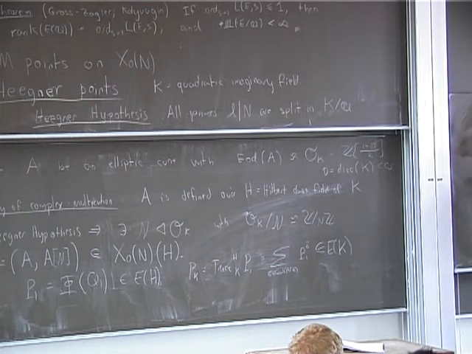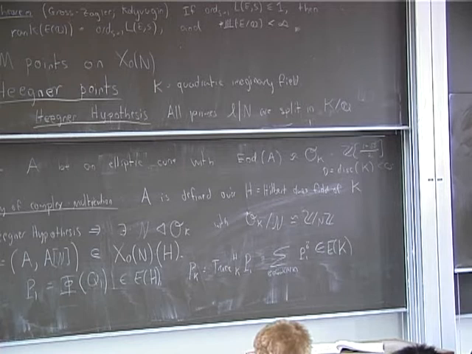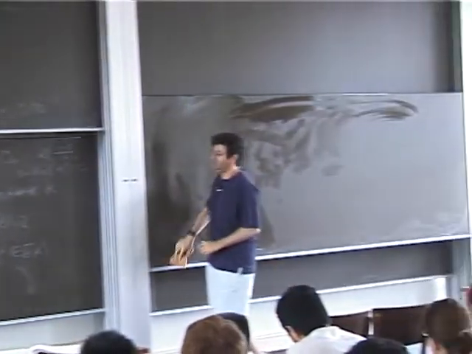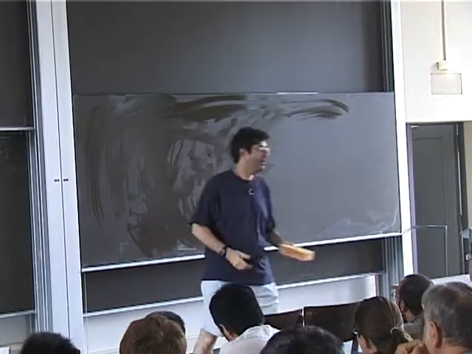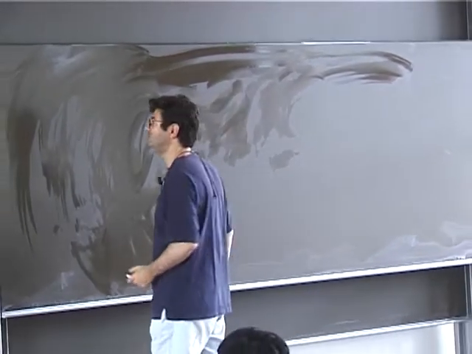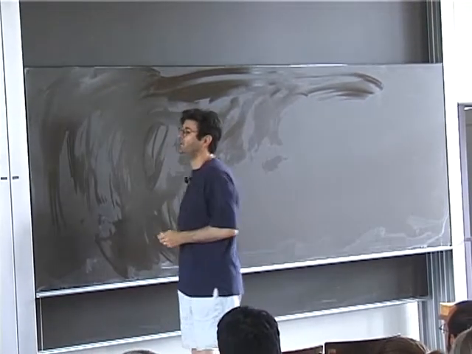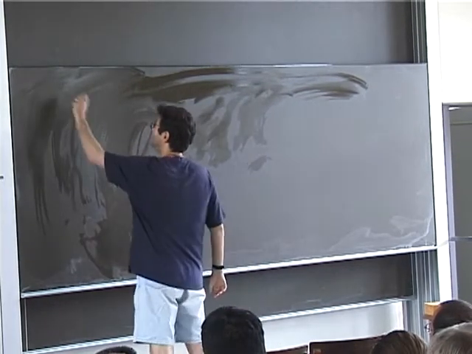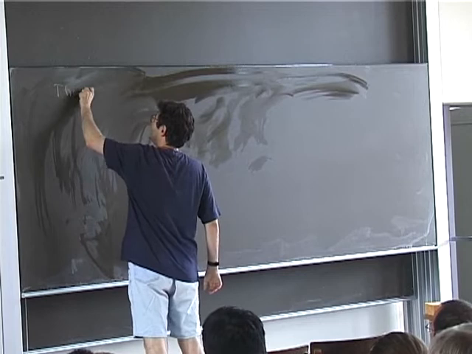My strategy in today's lecture and tomorrow's is to take the result of Gross-Zagier, this analytic result, as a black box, and then give you more details on the more arithmetic part of the proof, the result of Kolyvagin.